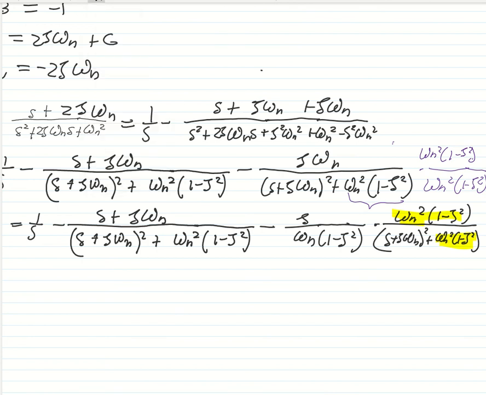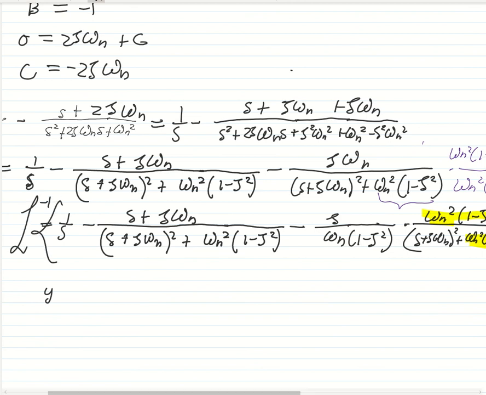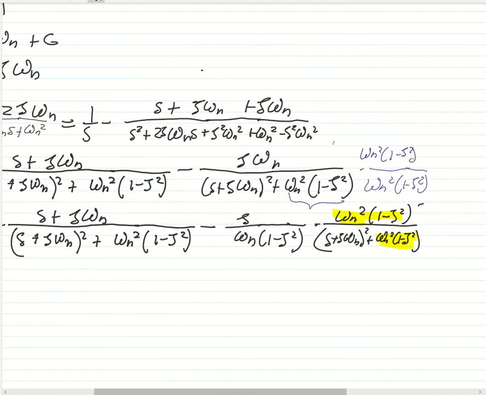That's just equal to sine, and this one is just equal to cosine. But remember, we have here s plus zeta omega n, so we need to multiply it by e to the negative zeta omega n t. So now, our y of t, applying inverse Laplace, you're taking the inverse Laplace of this whole thing so that we can determine or calculate our time response.